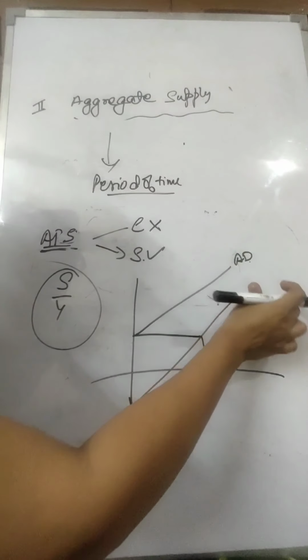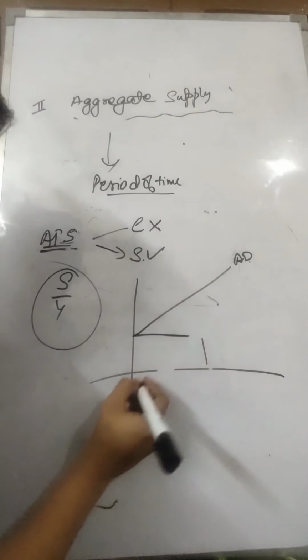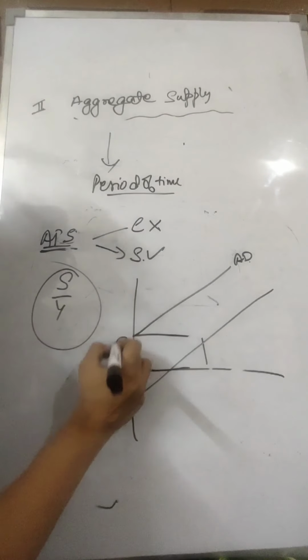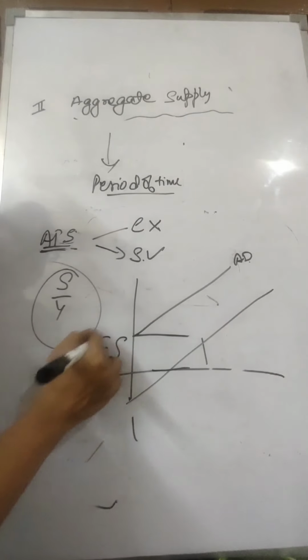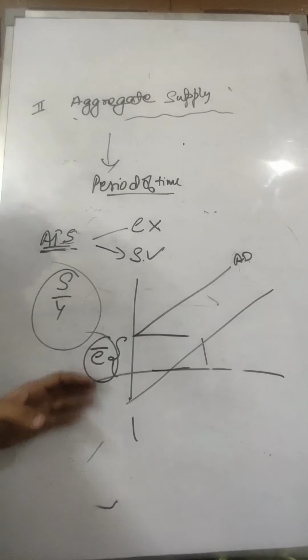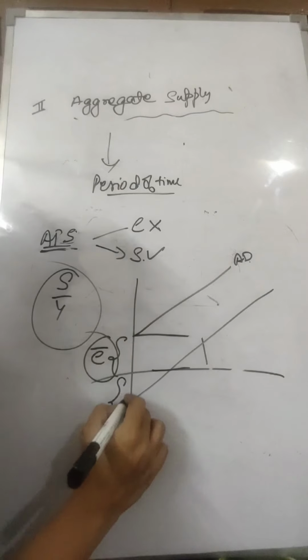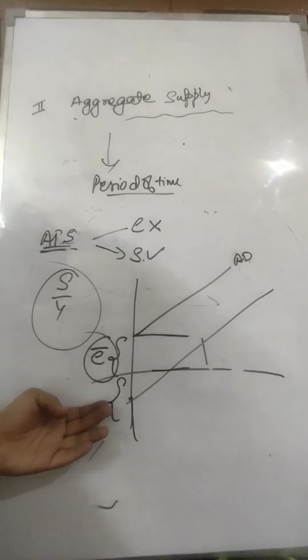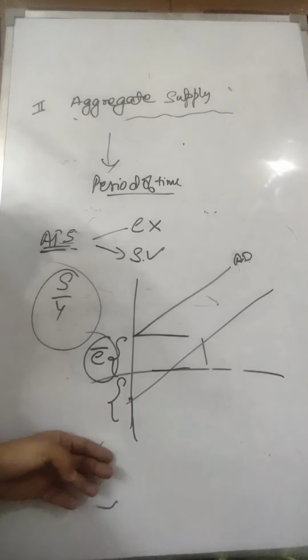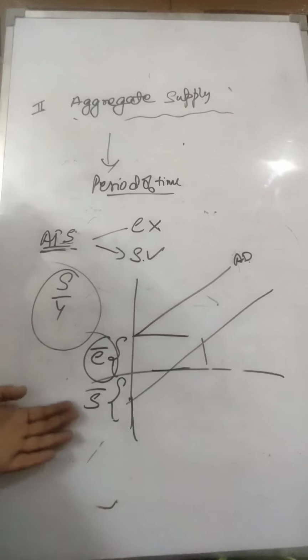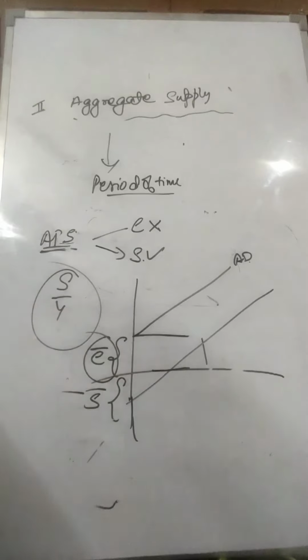This was my AD. So where I am consuming this C bar part, I am consuming it from previous savings. That part will be said as savings for me at this particular period of time. So this will be my negative S bar.